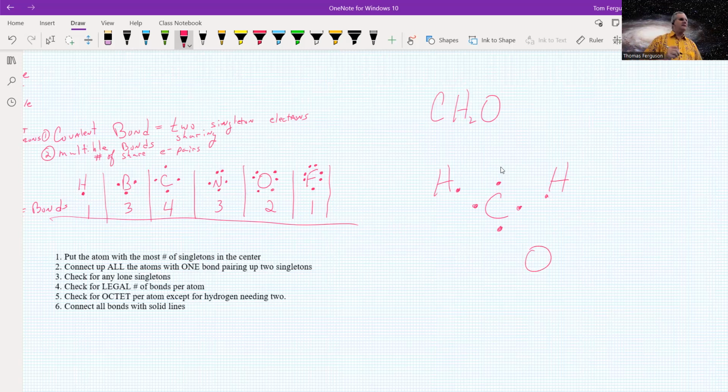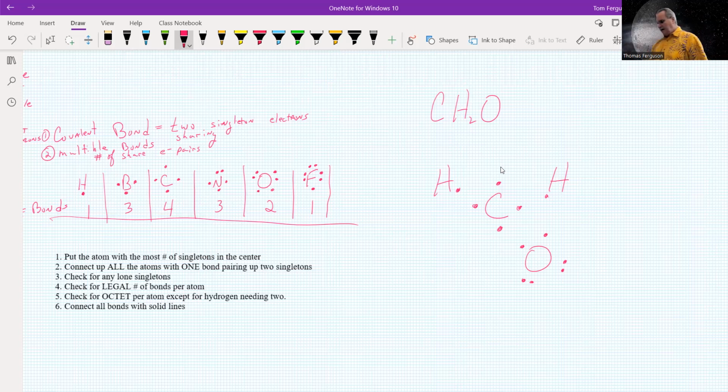Now with oxygen, it's got two singletons and two pairs. It's better to put the singletons towards the carbon for convenience, and the pairs on the outside. Okay, so that's step number one. Step number two is connect the dots.